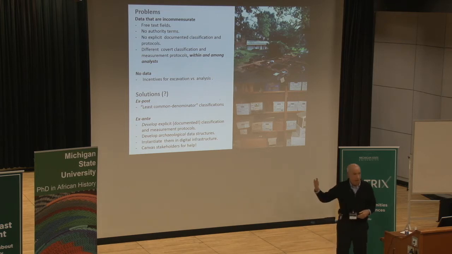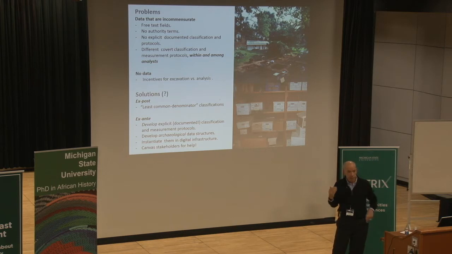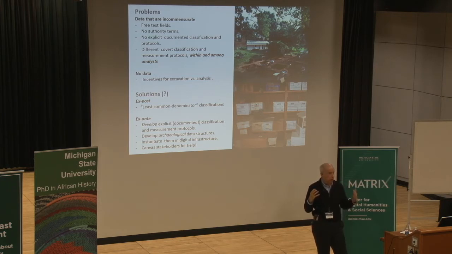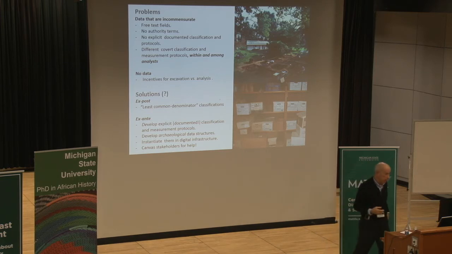Today, this is what we might think of as the OpenRefine approach. The issue, at least when we tried to do it with Chesapeake sites, is that by the time you get the least common denominator so low, and the resulting classifications that work are so coarse-grained, all the information is washed out by the time you get to the end of the process.